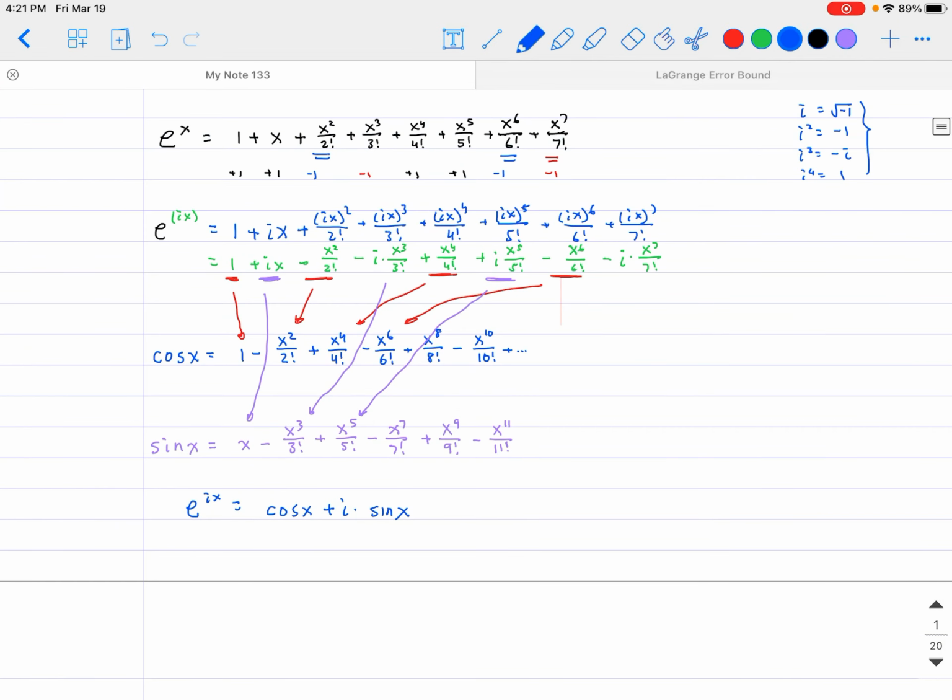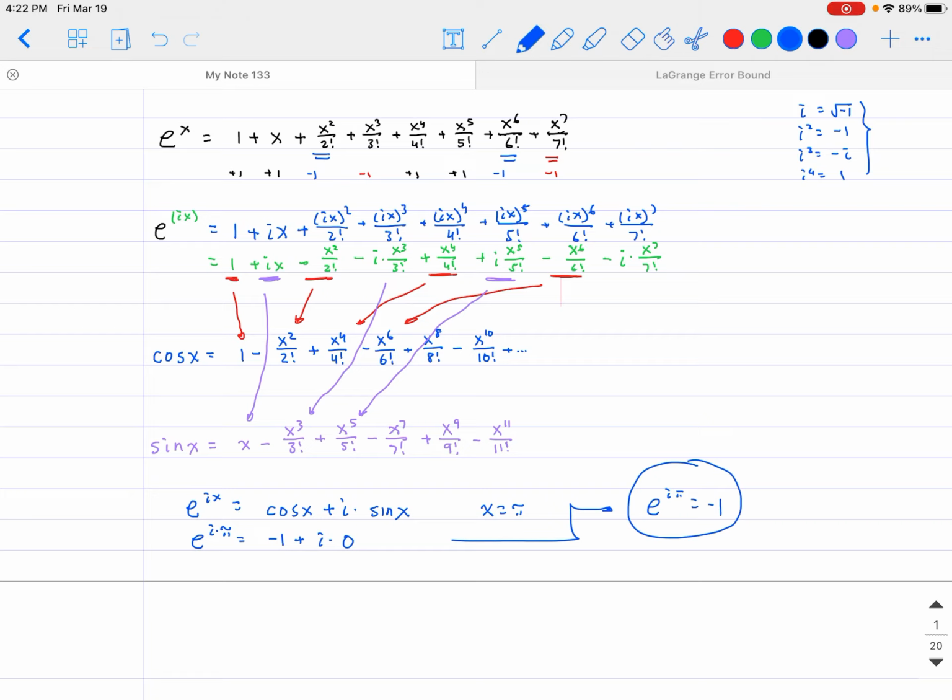Now, to put a conclusion to this, because this is probably the most interesting part, why don't we go ahead and let x equal pi? If you do so, then we have e to the i times pi is equal to, on the right-hand side, cosine of pi, which is going to be -1, and then plus i times sine of pi, which is going to be 0. So cleaning that up, you get something very unique, which says e to the i pi is equal to -1.